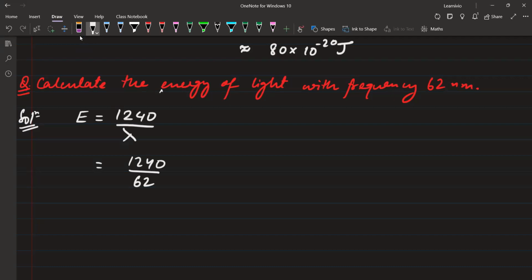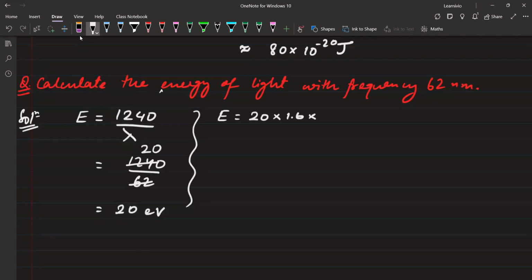So you can see that 62 2s are 124 and 0 of 0. So this will be equal to how much? 20 electron volts. I will convert this 20 electron volts into joules. Energy will be equal to 20 into 1.6 into 10 to the power minus 19 joules.